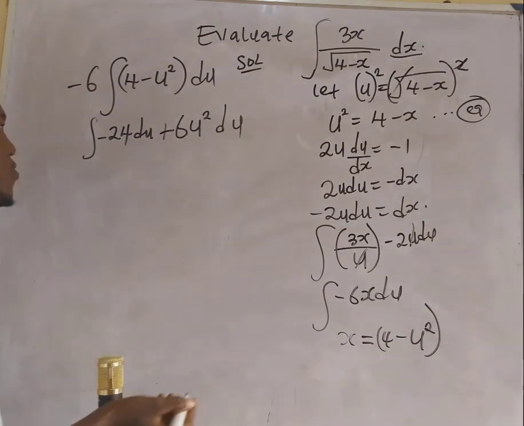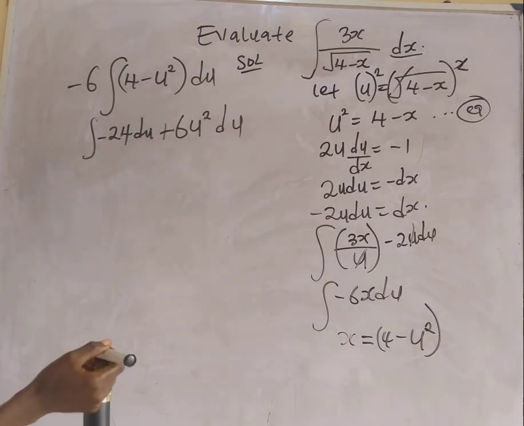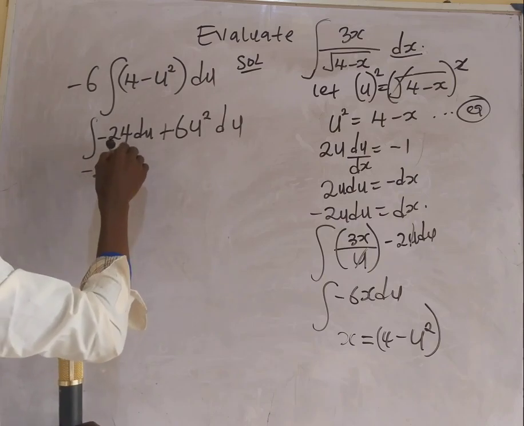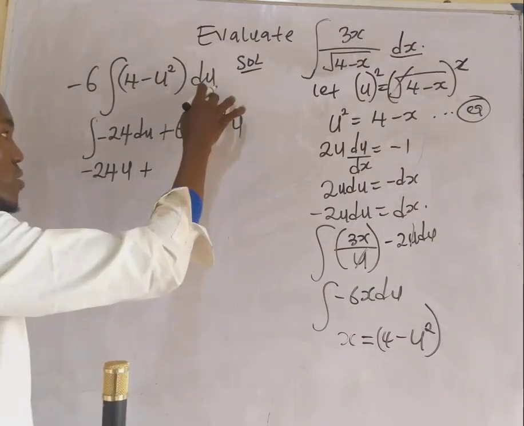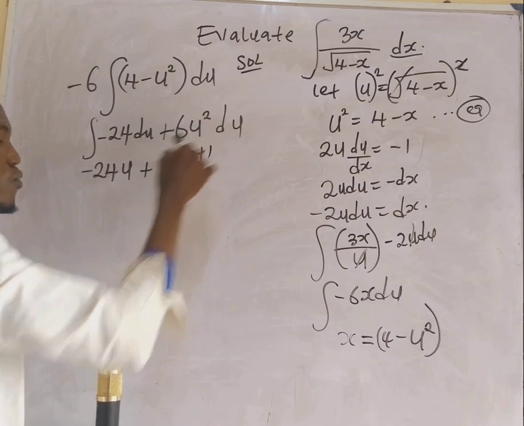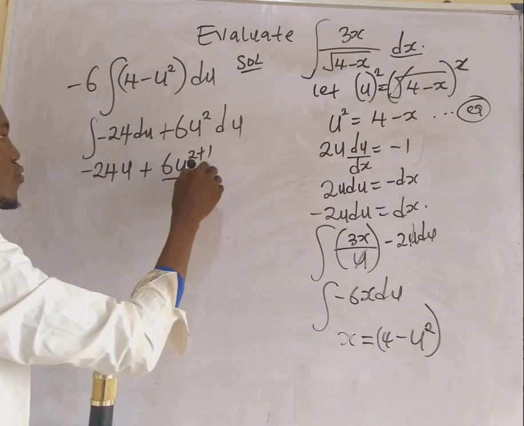The next thing is to integrate. When we integrate du, we are going to have only u, right? So we'll have minus 24u plus. When we integrate u squared, we have 6u raised to the power 2 plus 1, then divide by 2 plus 1.